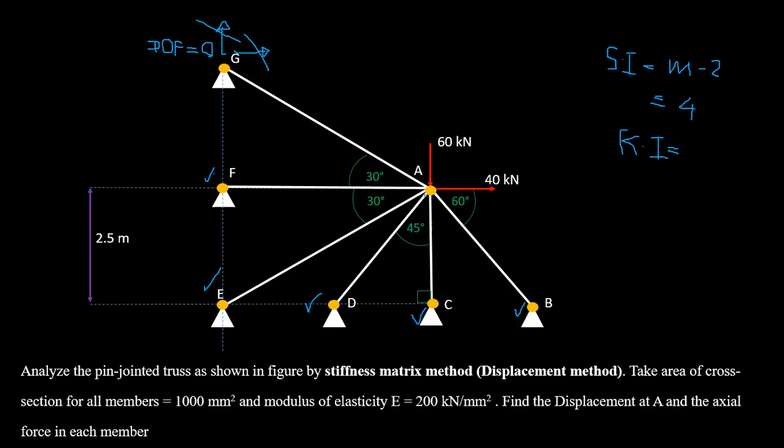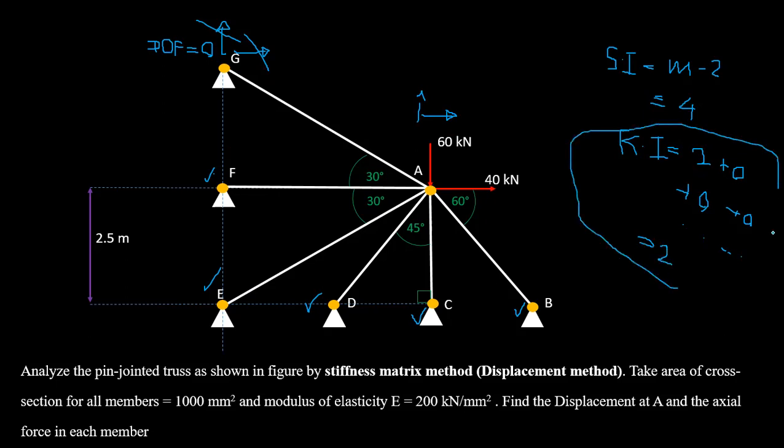At joint A you don't have any support, only a joint, so it can move this way or this way. So at A you have 2, and at B and each of the others you have 0 unknown displacements, because you know the displacement is 0. So the kinematic indeterminacy becomes 2.